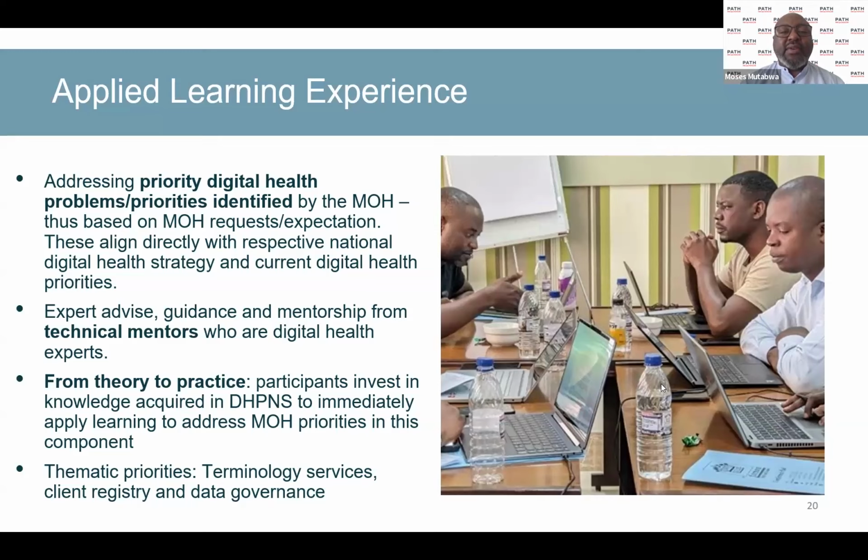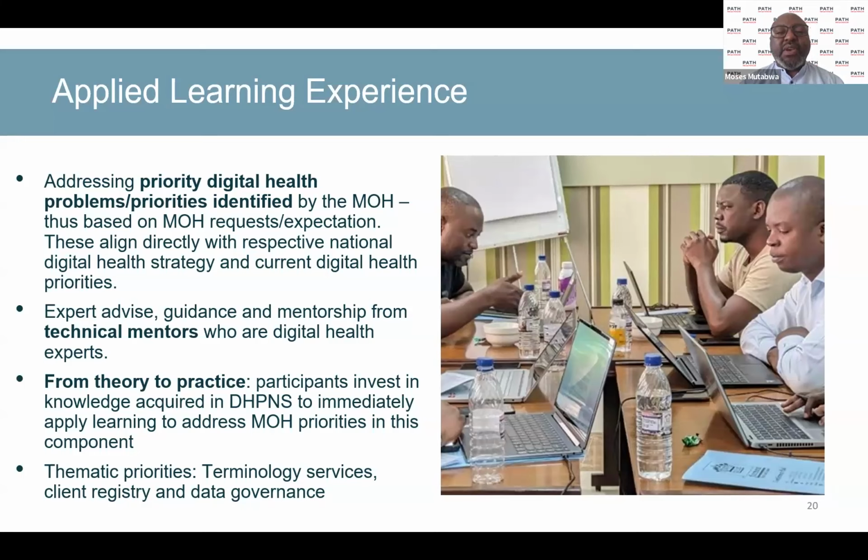One of our technical mentors, who deals with terminology services, has been in the industry for quite some time and has worked with the Ministry of Health here in Zambia developing electronic logistics management information systems for drugs. And so terminology services there would play a critical role.